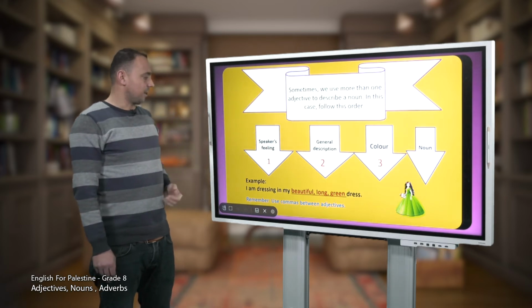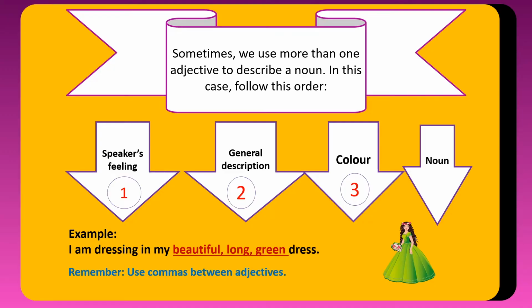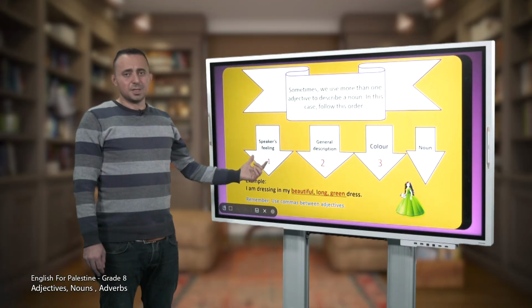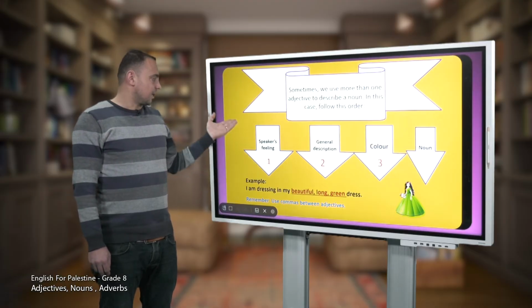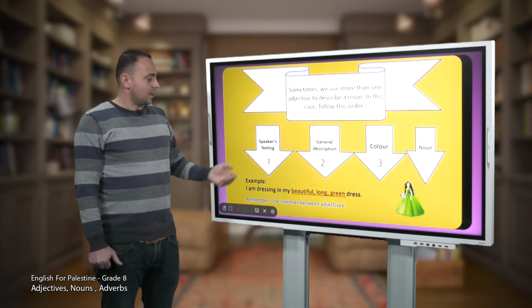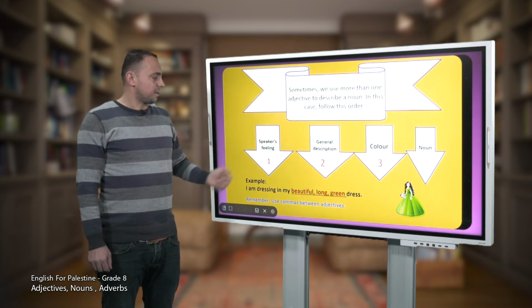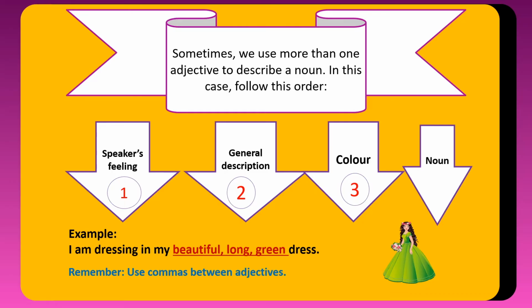Look at this example. I am dressing in my beautiful, long, green dress. Again, she says, I am dressing in my beautiful, long, green dress. Notice the adjective beautiful is the speaker's feeling, long is the general description, and green is the color.